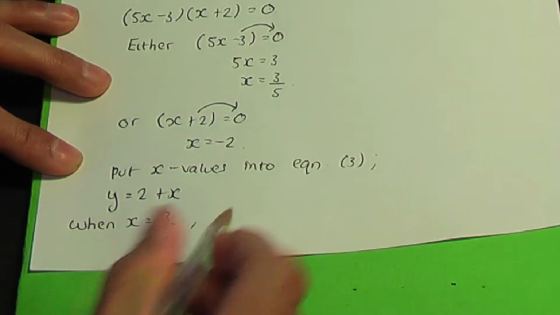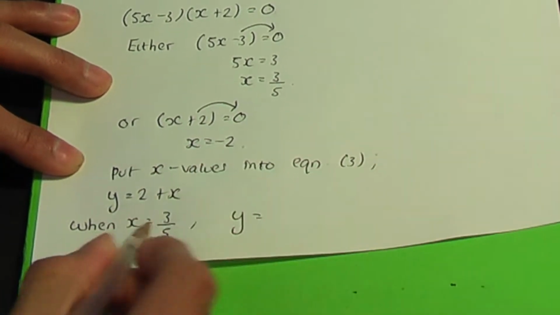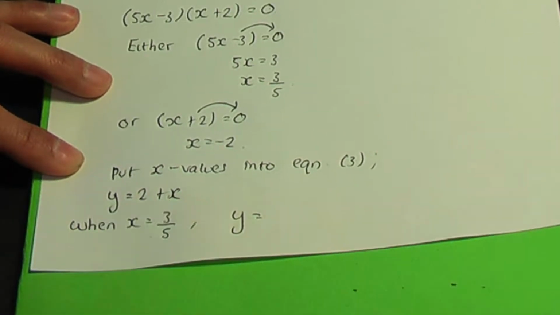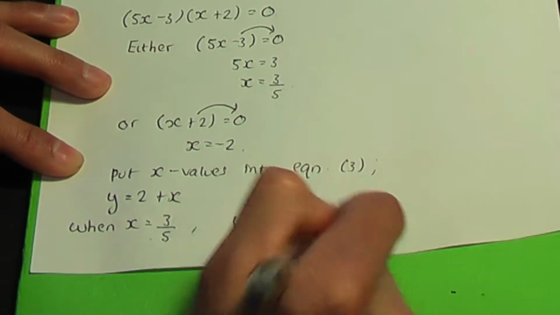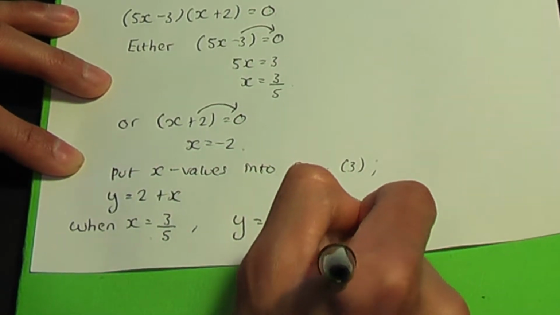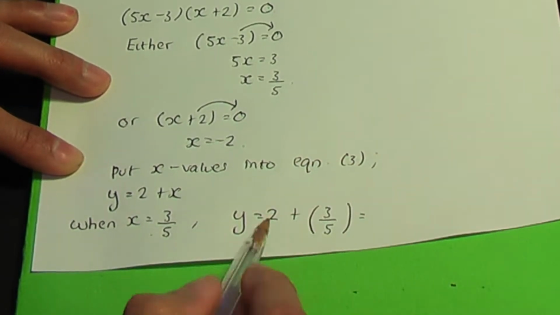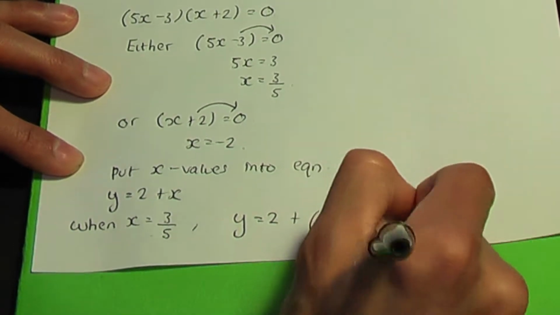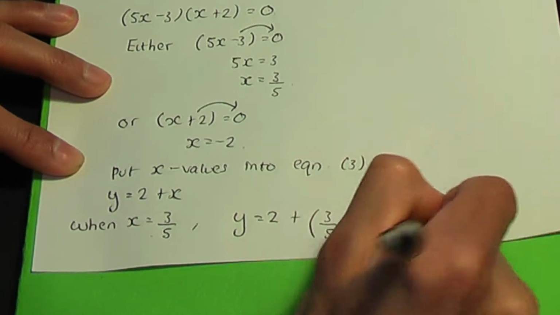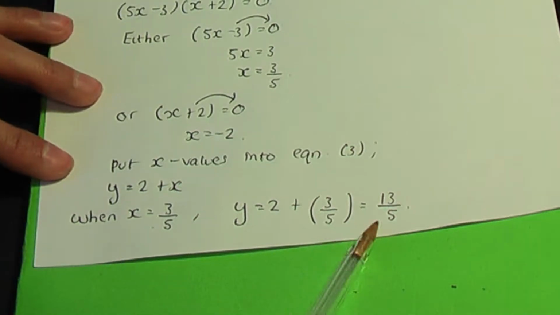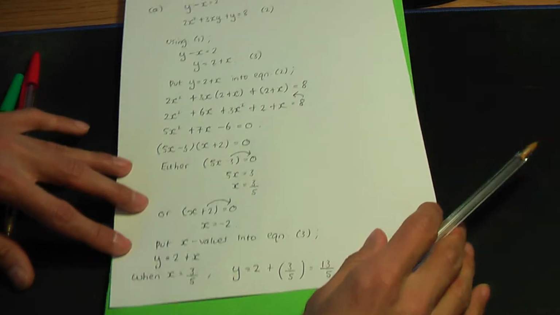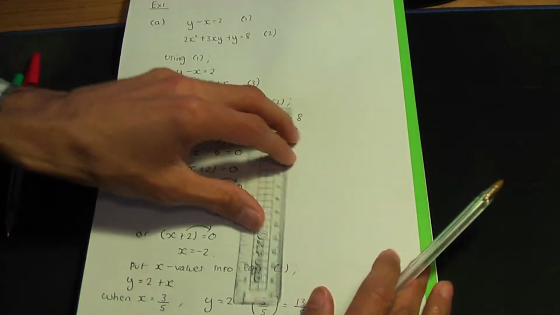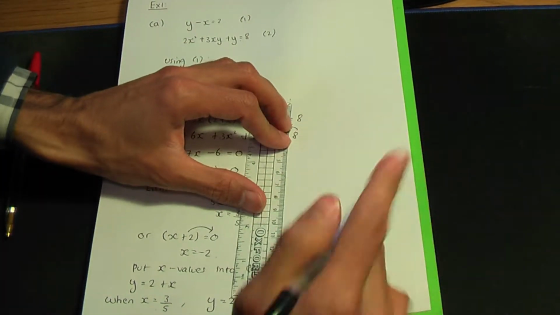So when x is 3 over 5, when I put the x value and replace it in this equation here, y is equal to 2 plus x, which is 3 over 5. 2 plus 3 over 5 as a fraction is 13 over 5. So this should be the y value for when x is 3 over 5. So let me continue, say, over here.